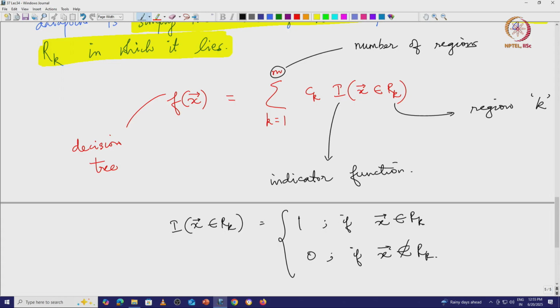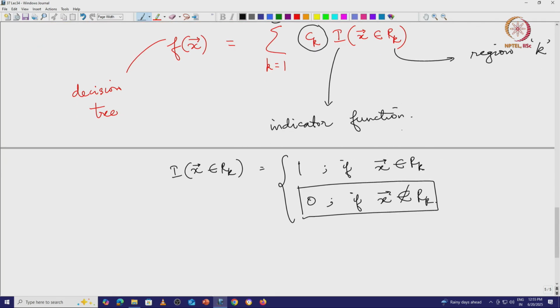Okay. So you can see how, by writing it this way, you simply make the prediction equal to the constant Ck for the region in which that data point lies, because only one term in this whole summation will be non-zero. All other terms will correspond to regions where that point does not lie, and therefore will return 0. Only one term corresponding to the region where this point lies will return a 1. So you will get the constant corresponding to that region. So I hope this makes sense.